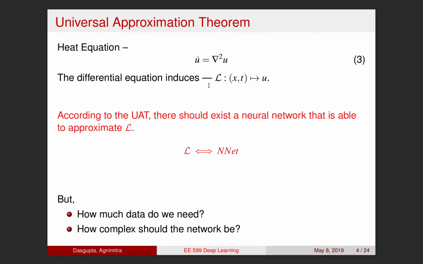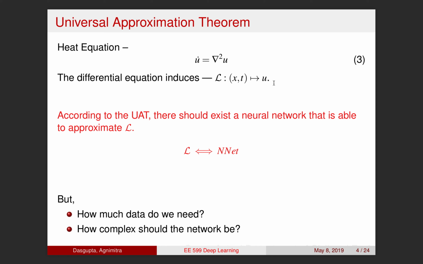Take, for example, the heat equation: u dot equals grad square u, where u dot is the partial derivative of u with respect to time, and grad square is the Laplacian operator. Simply, in one dimension, the heat equation is a map L from x, t, which is any given point of space and any given instant of time, to u, which is the solution.